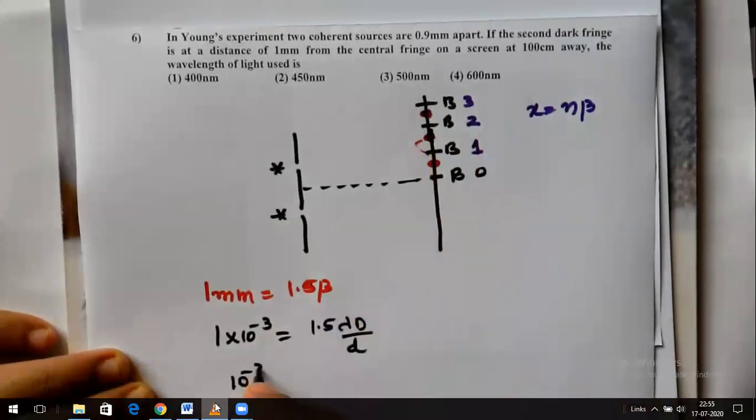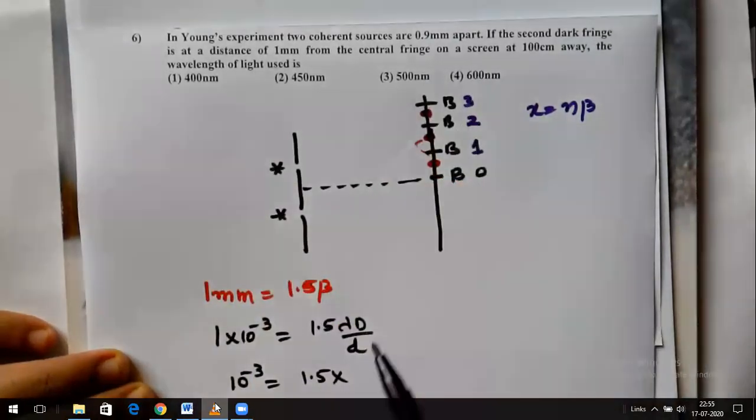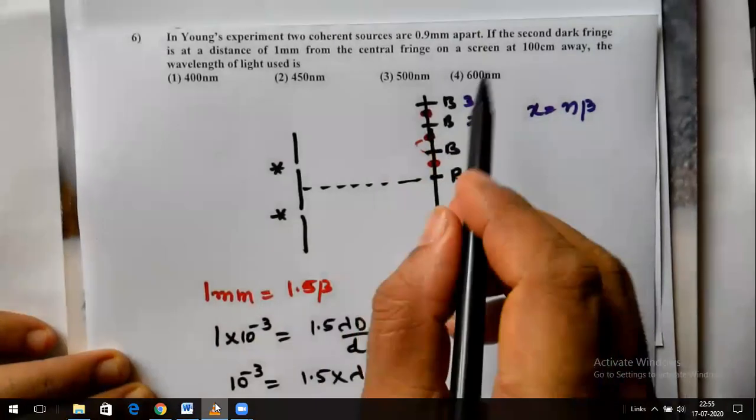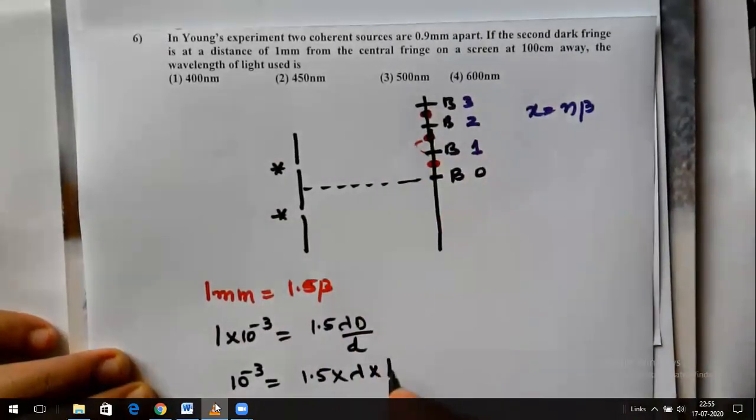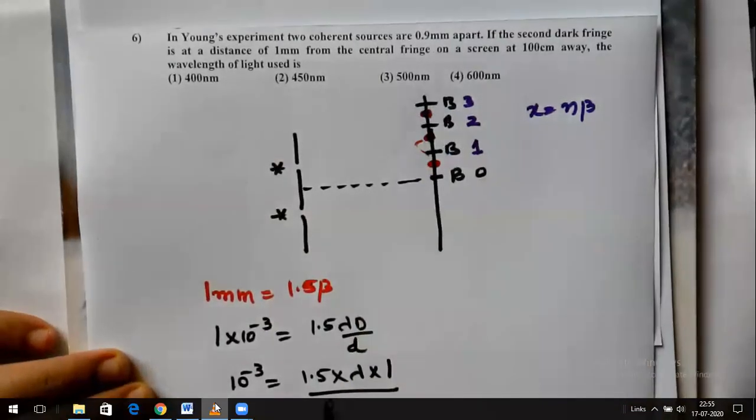10 to the power minus 3 is equal to 1.5 into lambda, which has to be found out, and D is 100 centimeters, that is 1 meter, and small d, the distance between the two sources, is 0.9 millimeter, 0.9 into 10 to the power minus 3.